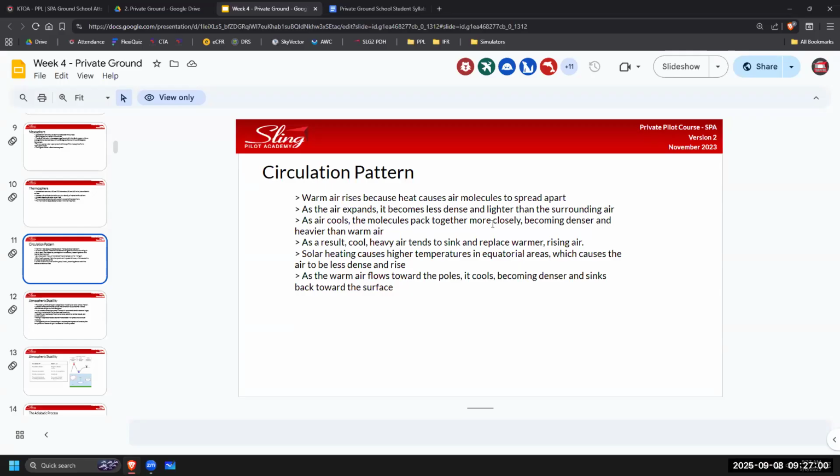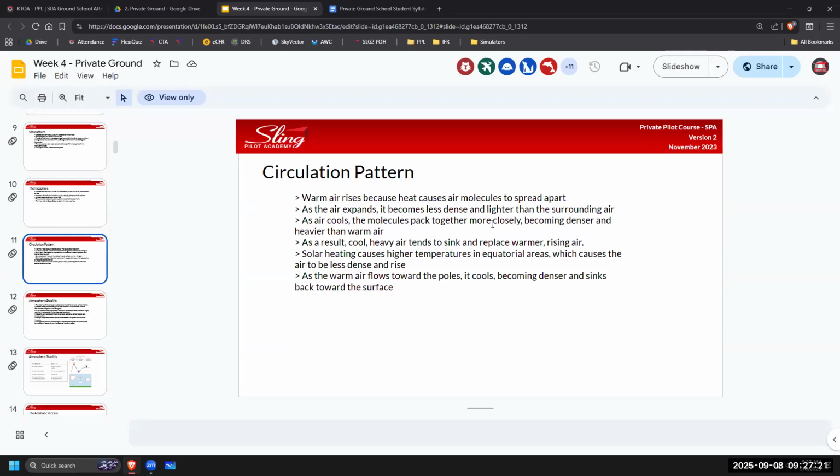And that's the pattern of the Hadley cell. Then you have the polar cell up at the top that has colder air that moves down towards the equator and back. And then the Ferrel cell in the middle is actually moving based off the other two cells that surround it.